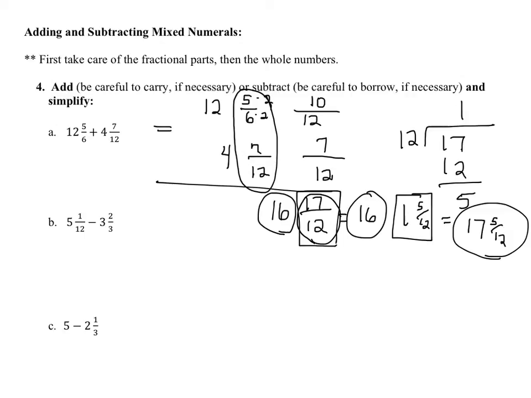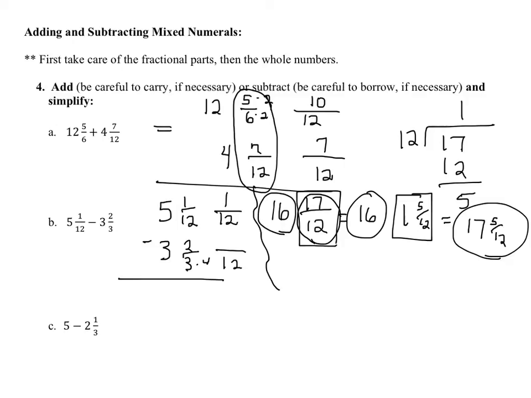Let's try the next one. 5 and 1/12. Take away 3 and 2/3. So we're going to get a common denominator, you guys. It's going to be 12. 3 times 4 is 12. 2 times 4 is 8. Oh, forget it. I'm having problems already because I cannot subtract 8 from 1.